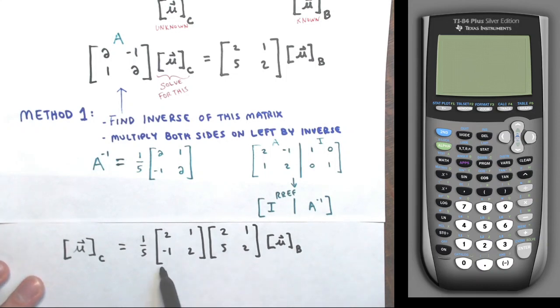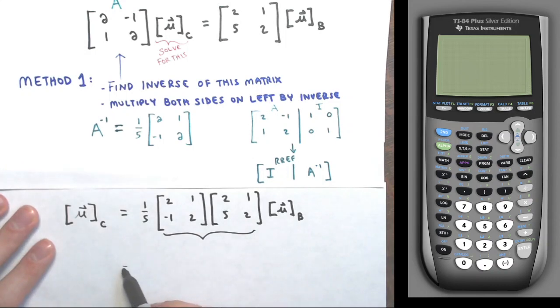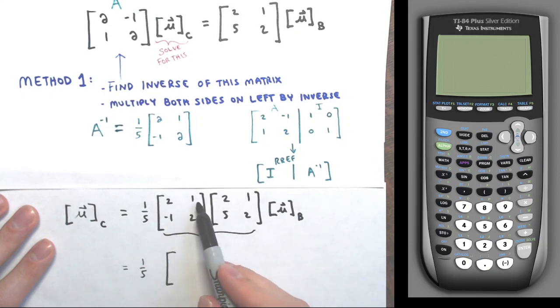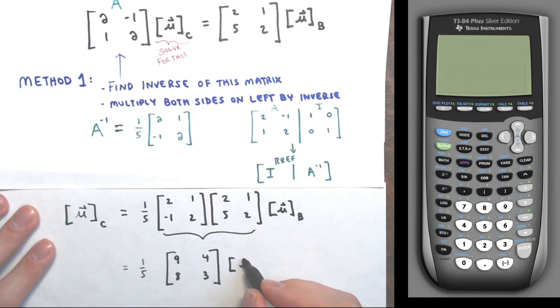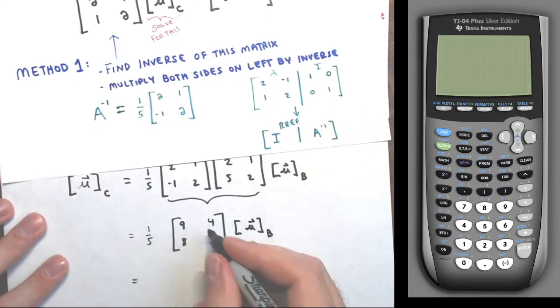And multiplying these, you can do it with a calculator. This is only 2 by 2s though, so not so bad by hand. This would be another 2 by 2. We'd have 4 plus 5 is 9, and 2 plus 2 is 4, and negative 2 plus 10 is 8, and negative 1 plus 4 is 3, times the vector with respect to B, and multiply by the fifth, and there you go.